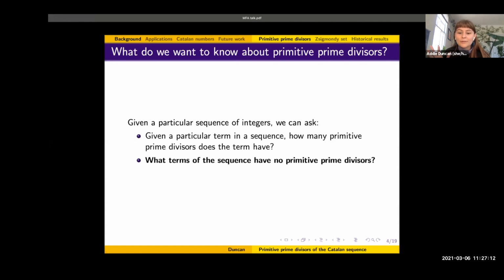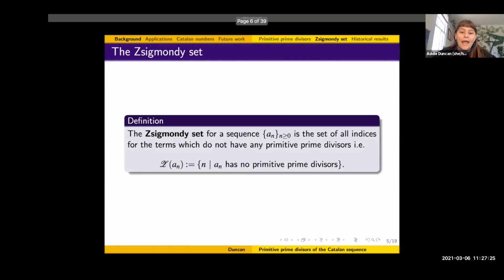The terms that have no primitive prime divisor are terms where all of their prime factors have already appeared somewhere previously in the sequence. So they're kind of composite with respect to the previous terms in the sequence. I'm going to introduce a definition that will give us a framework for asking this question, and that is the Zsigmondy set for a sequence.